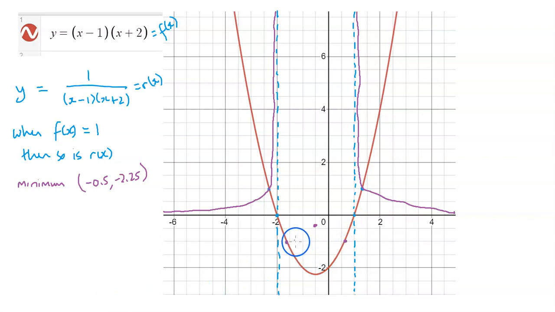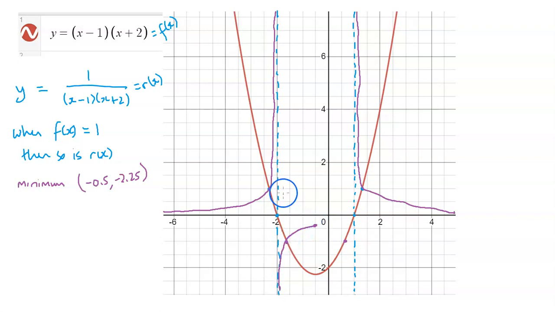And then from here, I think it's pretty clear what happens, because as the function f of x goes towards 0, but from the negative side, that means that our function r of x, which is 1 over f of x, is going to tend towards negative infinity. So that means it's going to look like this.